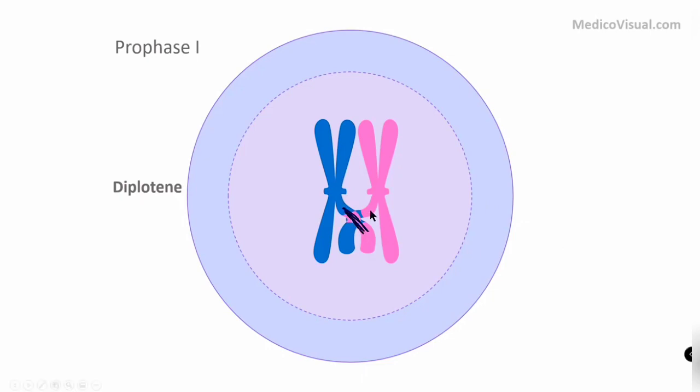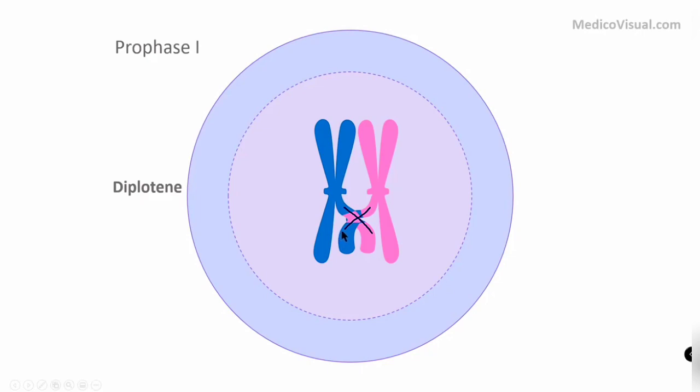This cross-like structure is called chiasma. Chiasma means cross. So chiasmata formation occurs in diplotene. There are usually more than one chiasma, and that is called chiasmata formation, right? So here after crossing over had occurred, you can see there is still a chiasma here.